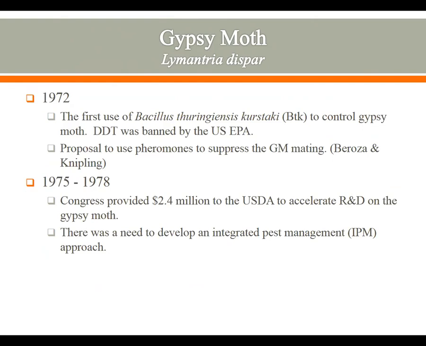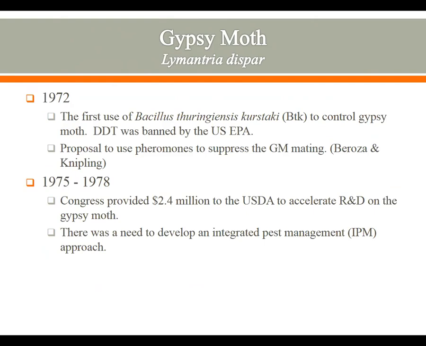Then in 1975 to 78, Congress provided $2.4 million to the USDA to accelerate research and development. There was a need to develop that integrated pest management program with the barrier zones, with the use of pheromones, and now the BTK. So funding started to become available.